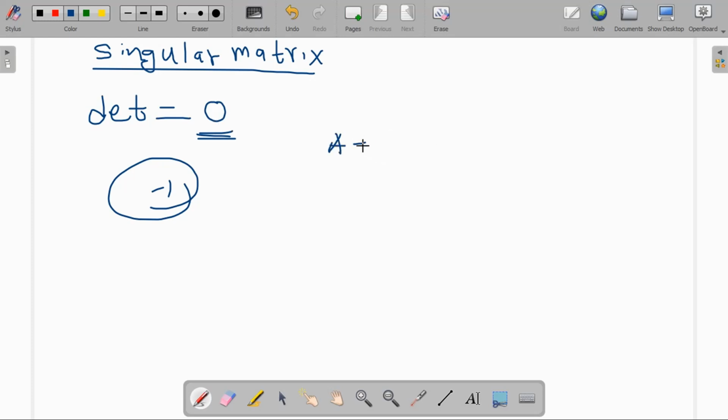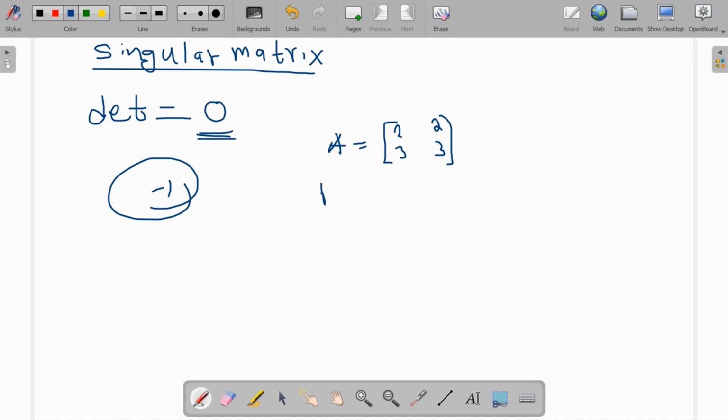For example, you have been given 2 here and then 3, and then 3 here and then 2 here as entries.